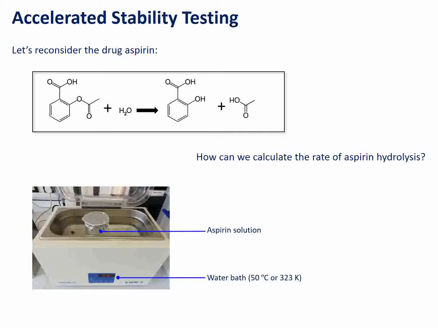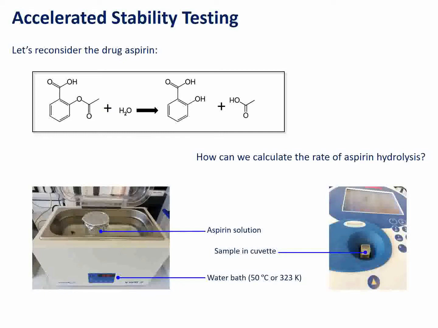So in order to calculate the rate of aspirin hydrolysis over a period of time, we would quite simply just remove a sample from the beaker, and we would add that sample to a UV cuvette. You can see here in the picture we've got our sample in the cuvette, and we would just do the UV reading.